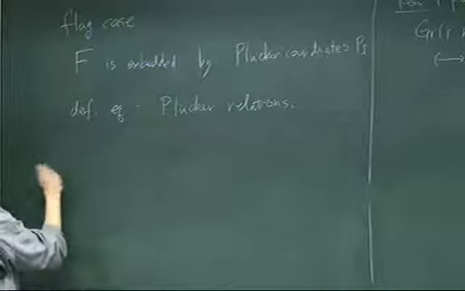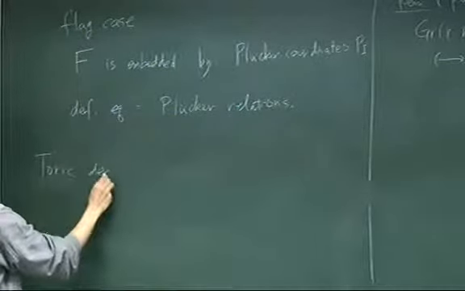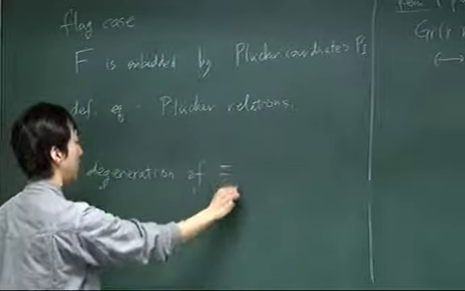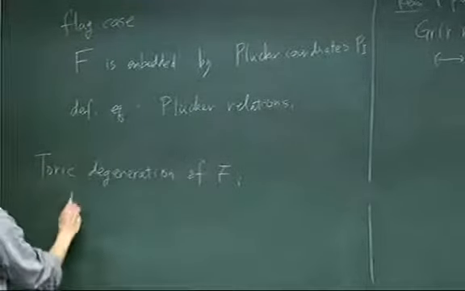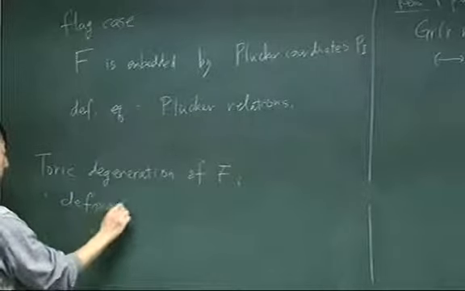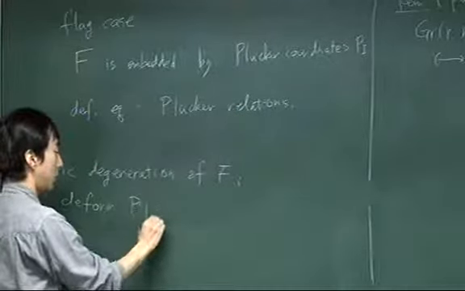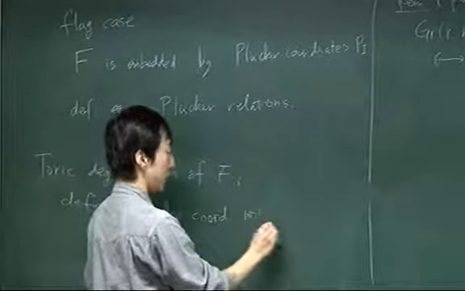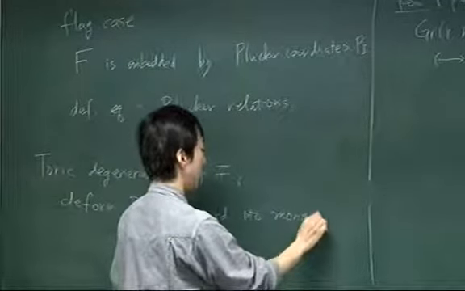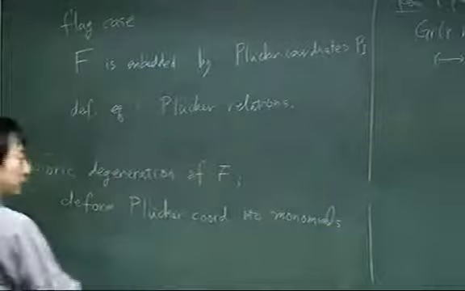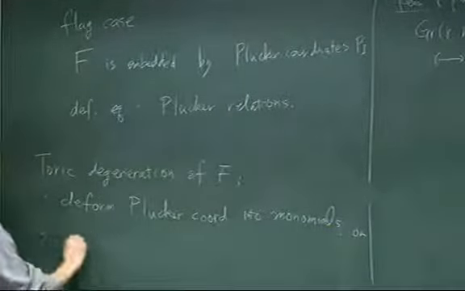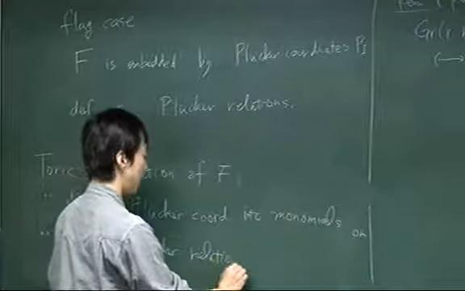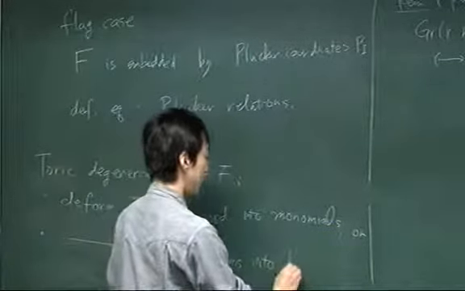So a toric degeneration of the flag manifold is given by deforming the Plücker coordinates into monomials, or deforming the Plücker relations into some binomials.